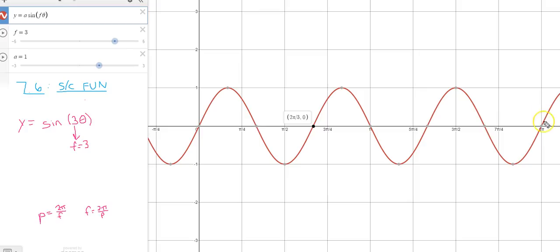So from 0 to 2 pi, I went through 3 cycles. If I want to know my period, I'll just simply do 2 pi over the frequency, which is 3. And as you can see right here, we go through 1 cycle. And this distance right here was 2 pi over 3.